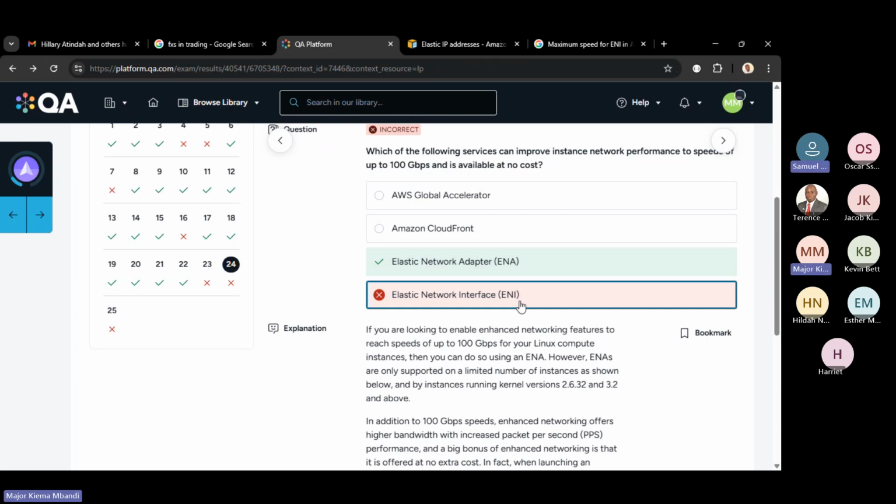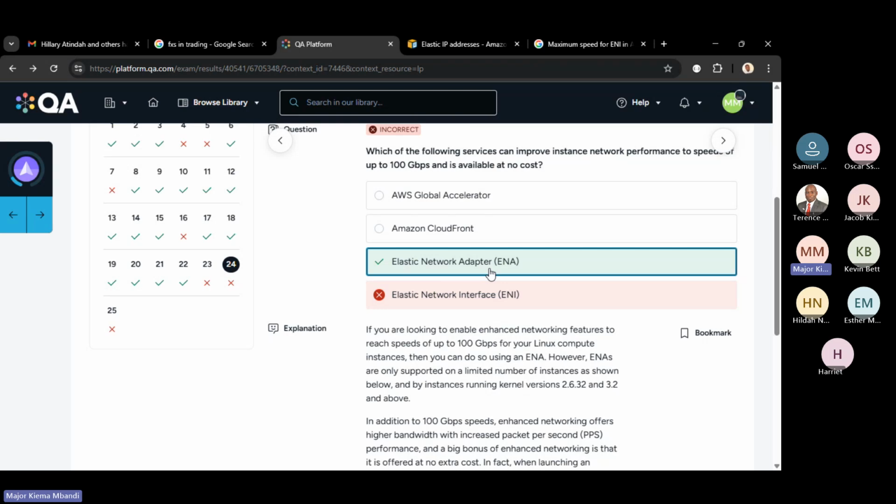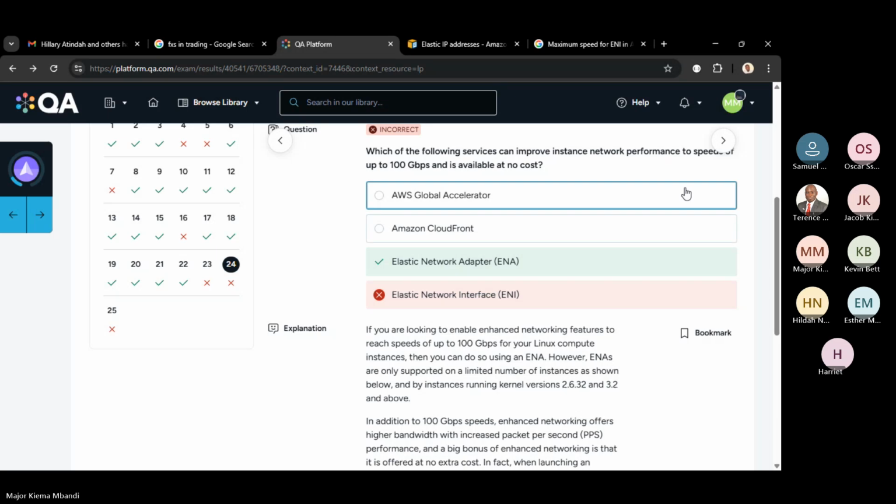Is it always preferable to use ENA rather than ENI? Yeah, if you need that enhanced networking performance, you can use the Elastic Network Adapter. Okay, thank you.